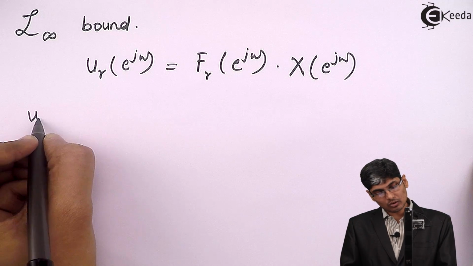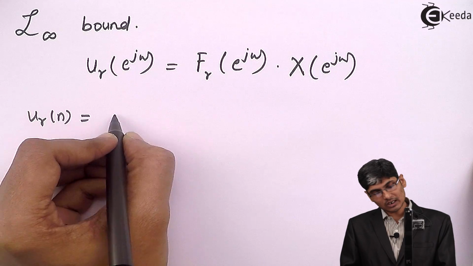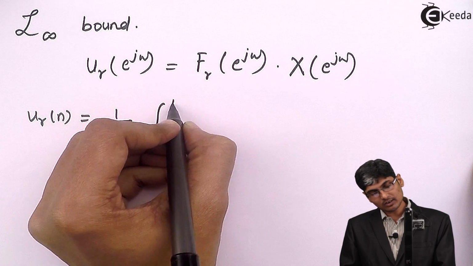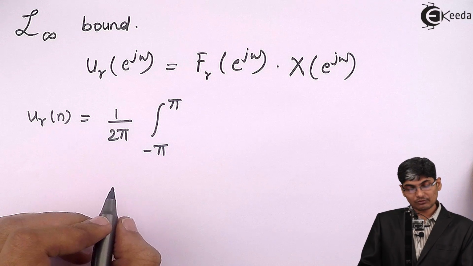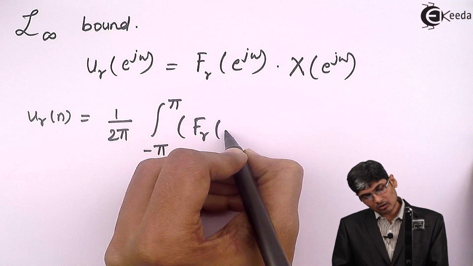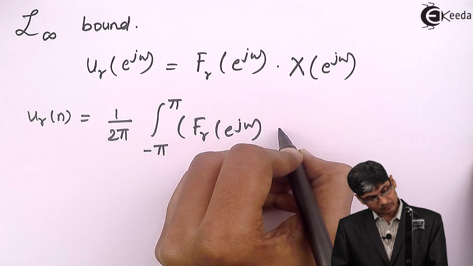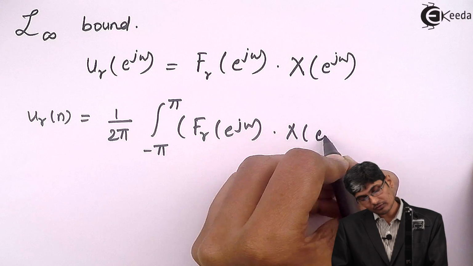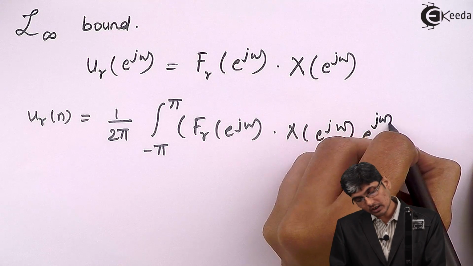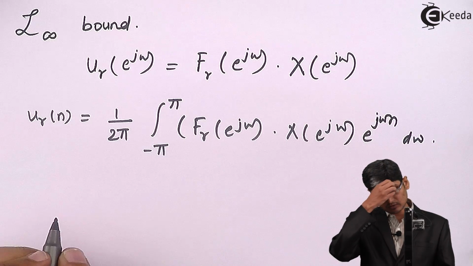So what will u_r[n] be? u_r[n] will be the inverse Fourier transform, which is given as 1 upon 2π, integral from minus π to π of F_r(e^{jω}) into X(e^{jω}) e^{jωn} dω.